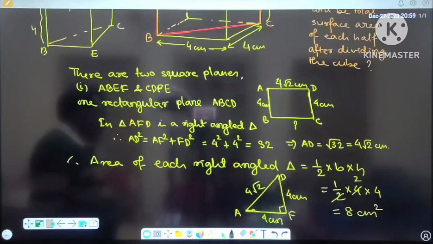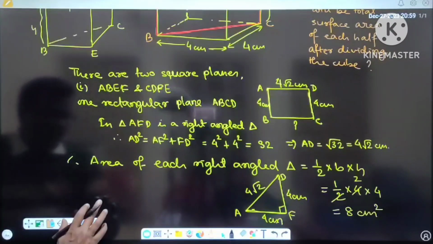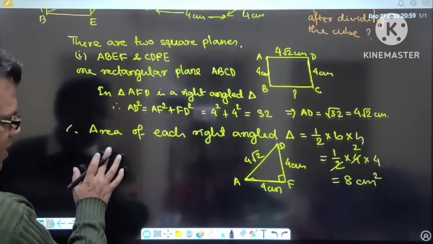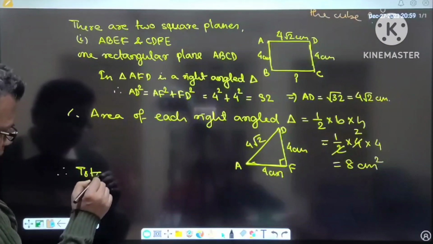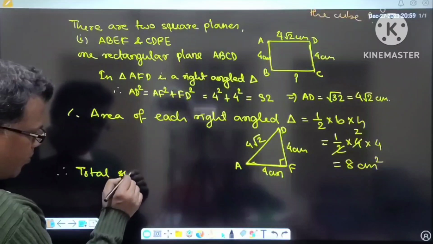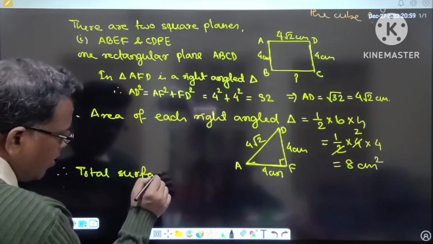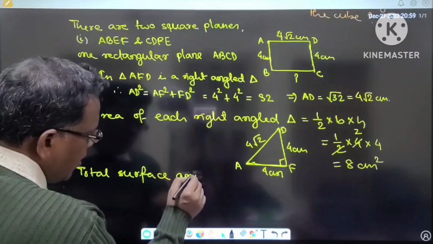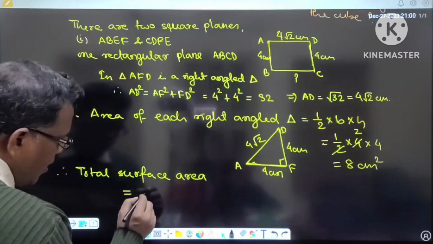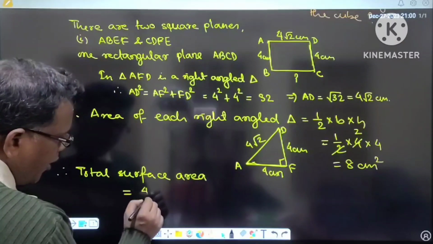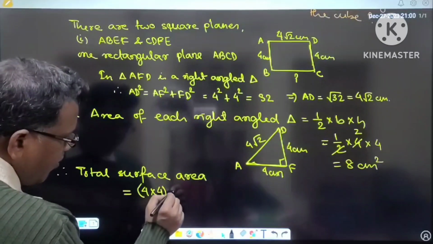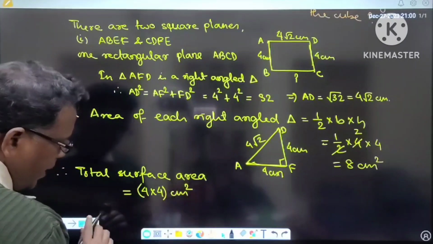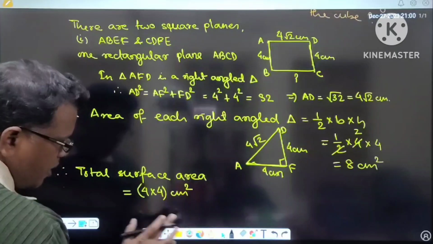So there are two such triangles. So total surface area, as per my question, is coming: 4 into 4 is the surface area of a square plane, and there are two such square planes.